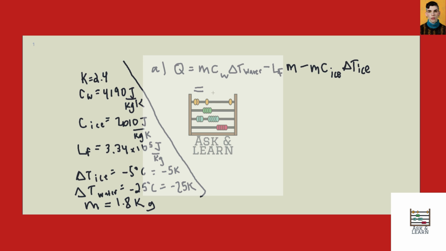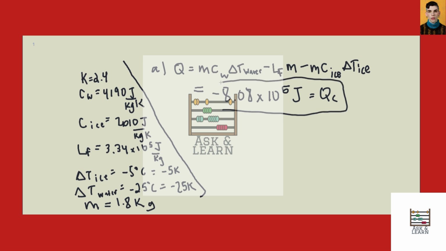And if you do that, hopefully you'll get what I got, which is minus 8.08 times 10 to the 5 joules. And so that tells us our Q cold. I'll go ahead and label that as Q cold, and that's going to be kind of a given for the next couple of problems.